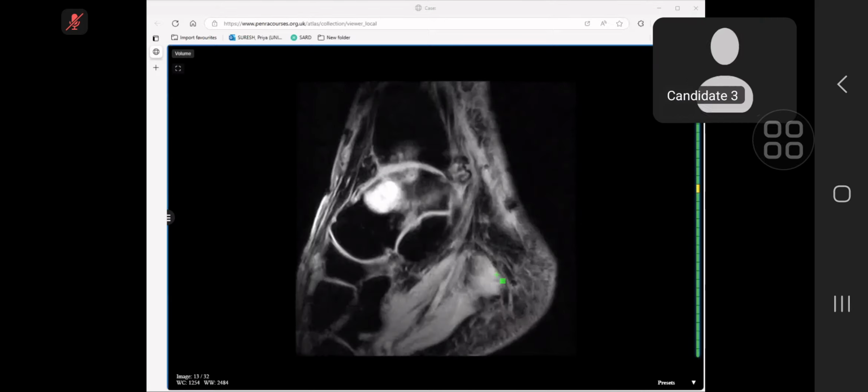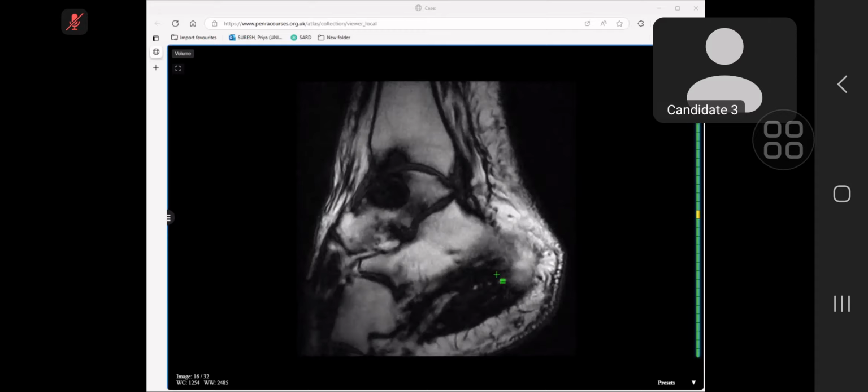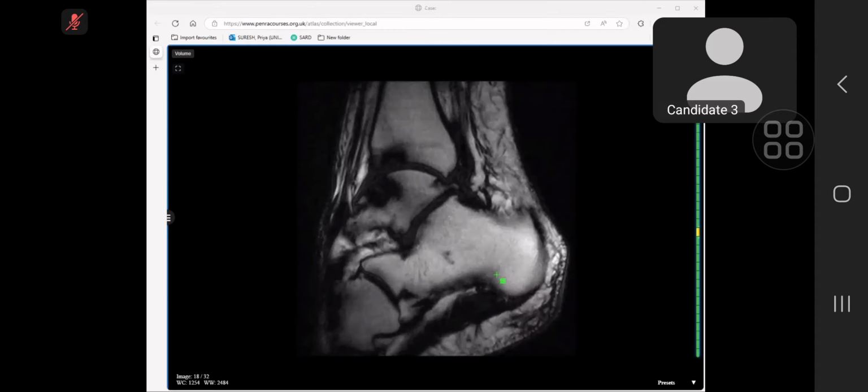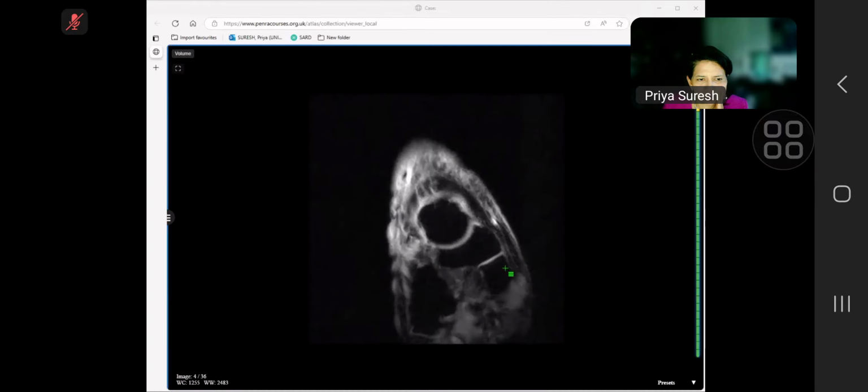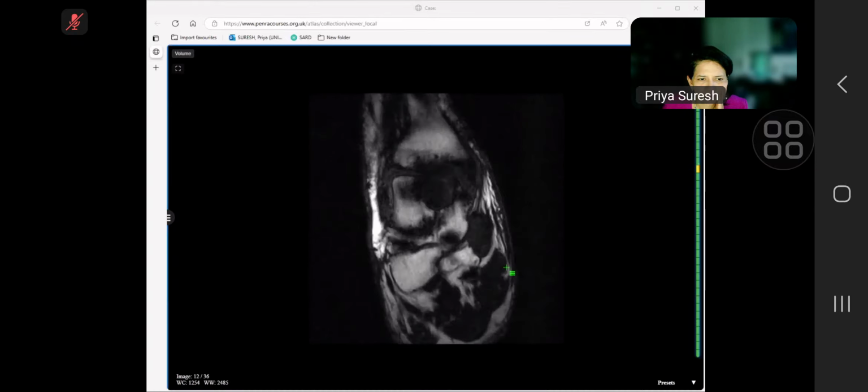I'm still thinking of some hemophilic pseudotumor, and these are the intra-osseous hemophilic tumors, which are causing secondary degenerative changes. Okay, so that's your diagnosis in hemophiliac lesions.